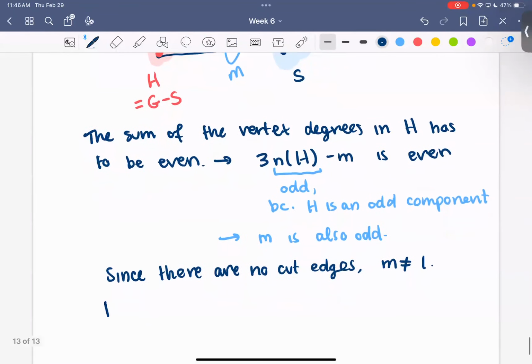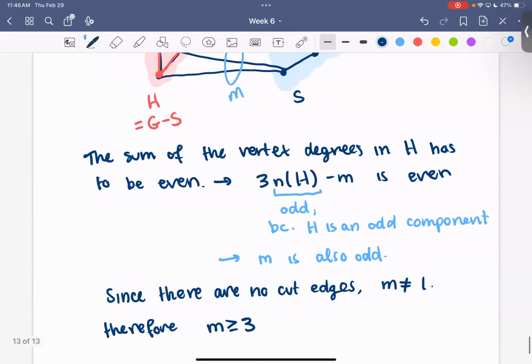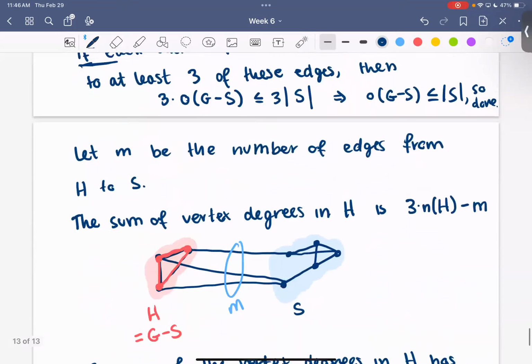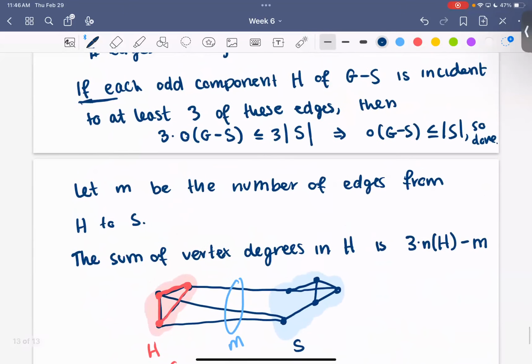And therefore M is at least 3. And so we're done, because going back to this, if M is at least 3, then we proved that we're all set.